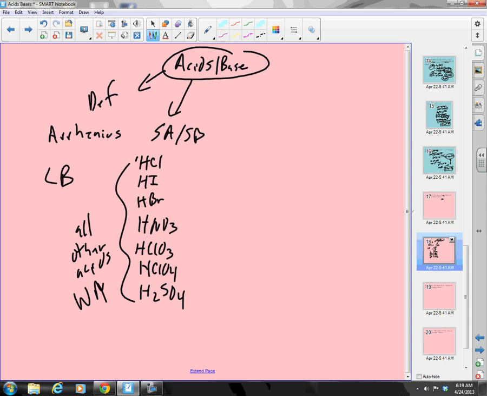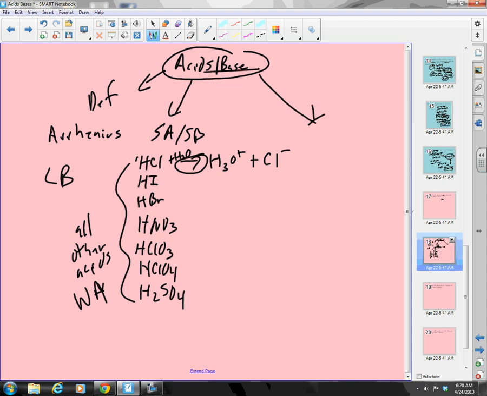Weak acids, meaning they form an equilibrium between their molecule and the ions. These break completely, if I react them with water, they break completely one-way direction to hydronium and the halogen or the oxyanion, right? So those are my strong acids, strong bases.